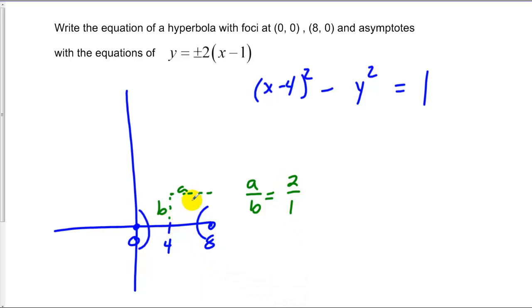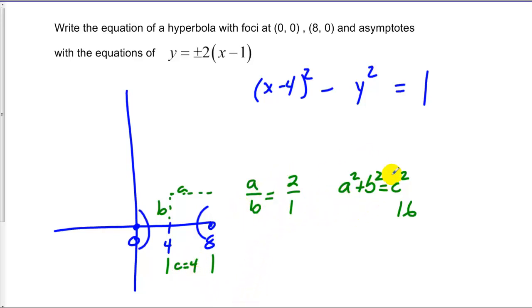But I don't have A or B. I have C. And I know I have a relationship of A squared plus B squared equals C squared. And C squared, in this case, is 16, because I know I have a C value of 4.